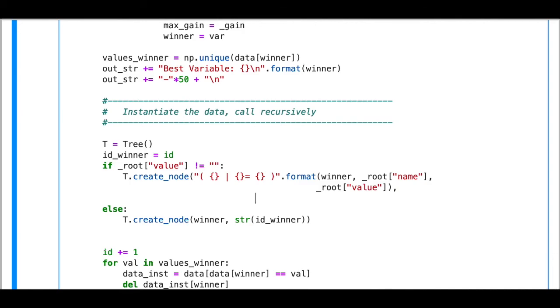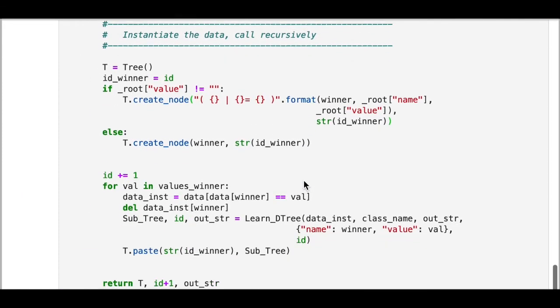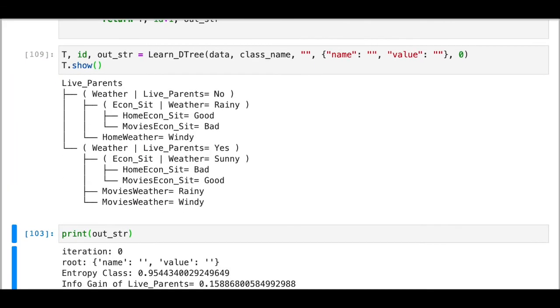So I need to add here the ID. Okay, here we go. So here you can see the name of the value of the parent, right? So here it tells us this is the edge where live with parents equals no, and so on.